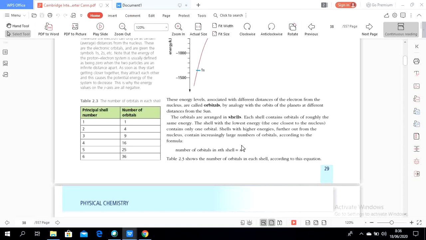The shell with the lowest energy contains only one orbital. Shells with higher energies, further from the nucleus, contain an increasingly large number of orbitals according to the formula. Okay, so this is the first shell, the second shell, the third shell, the fourth shell, the fifth shell, and then the sixth shell. Number of orbitals.